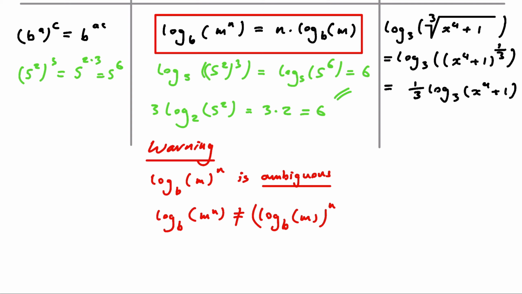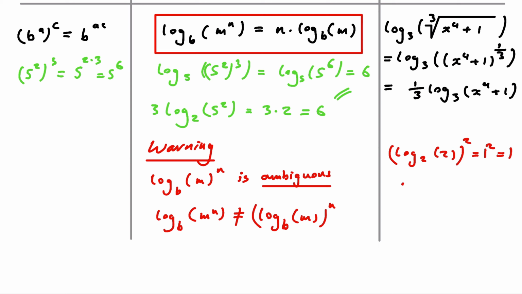So just as an example of this, if I was to take log to the base 2 of 2, and then I was going to square the entire thing. Well, log to the base 2 of 2 is 1, so this would be 1 squared, that's equal to 1.